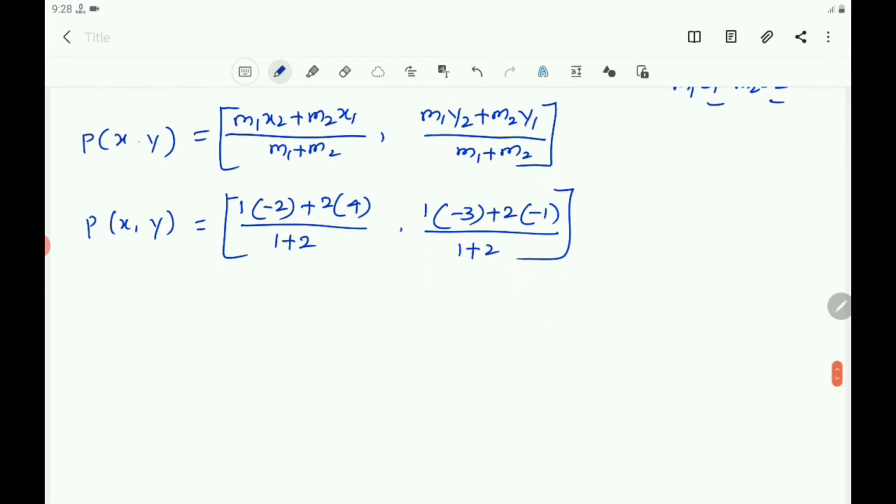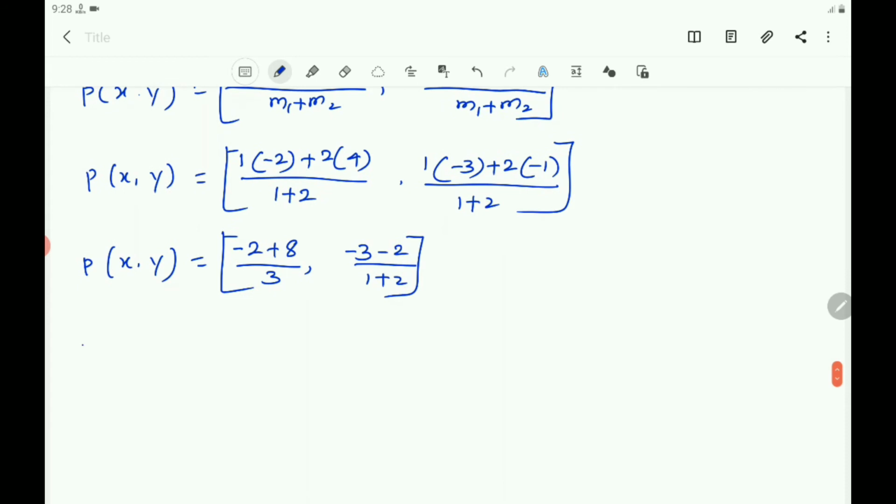So P of (x, y) equals (1 into -2 plus 8) by 3, then (1 into -3 minus 2) by 3. Then -2 plus 8 is 6 by 3, -3 minus 2 is -5 by 3.